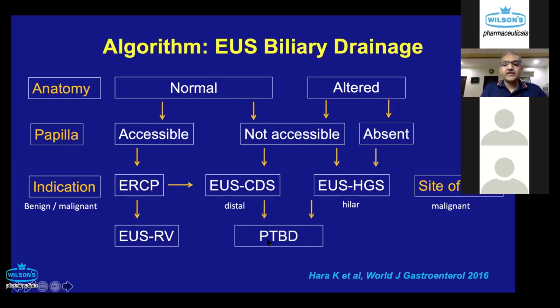And if everything fails, we can still consider PTBD. The conventional approach has been to do PTBD first and EUS CDS and HGS later. But now there's a competition going between EUS and the percutaneous intervention guy, and depending on who is strong and who has got the patient and who has the patience, I think the debate is going on there.